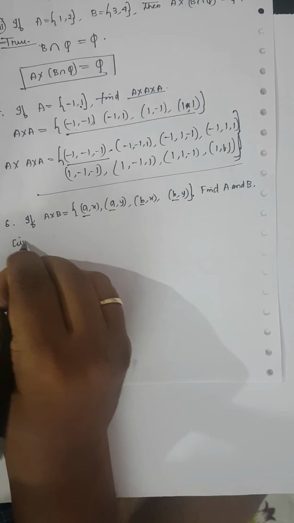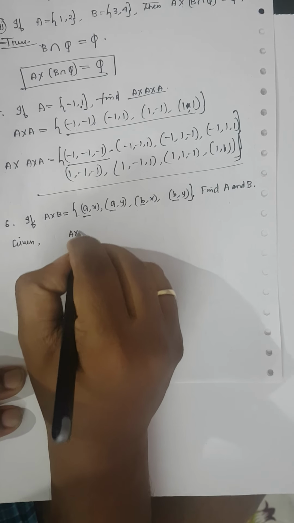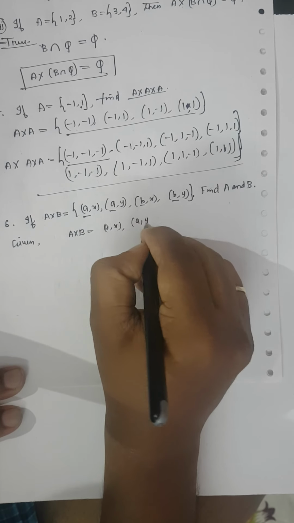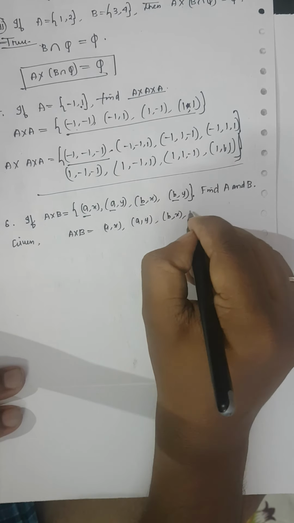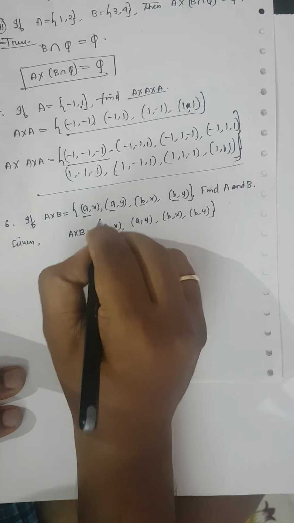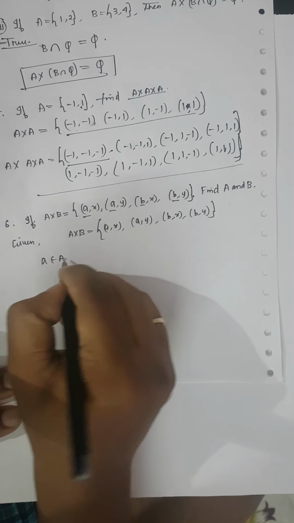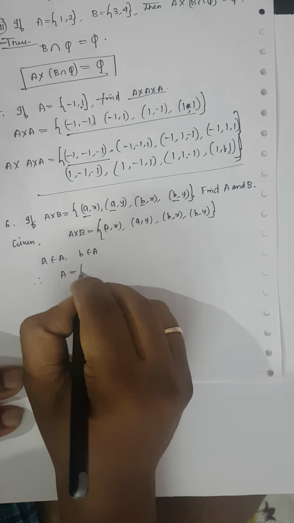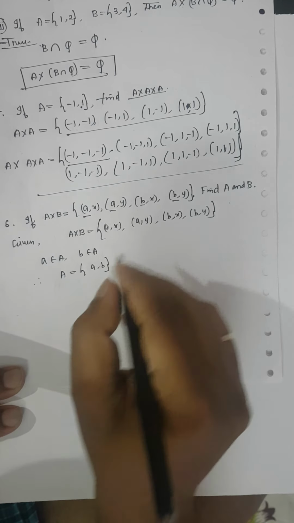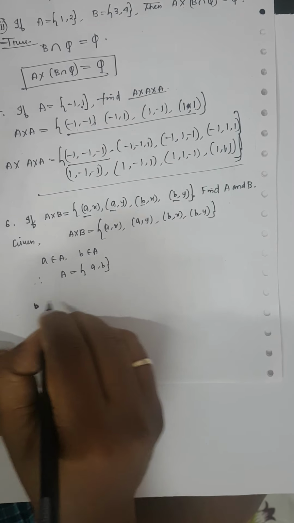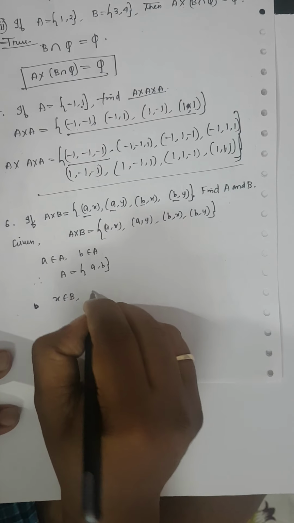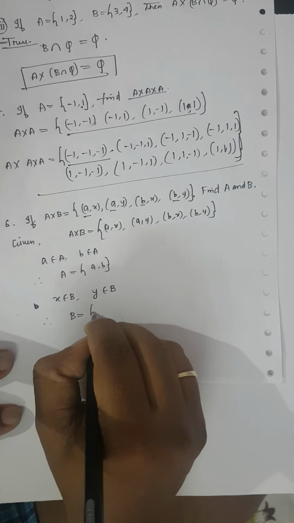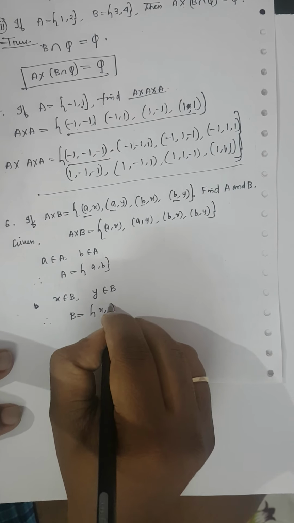So given that A cross B is equal to (a, x), (a, y), (b, x) and (b, y). Clearly small a belongs to A and small b belongs to A. Therefore capital A is equal to the set {a, b}, and small x belongs to B, small y belongs to B. Therefore, B is equal to the set {x, y}.